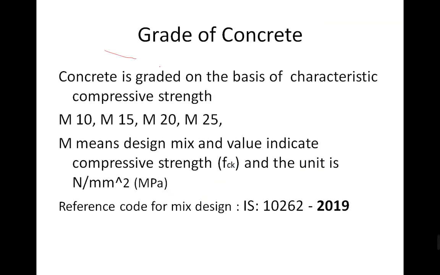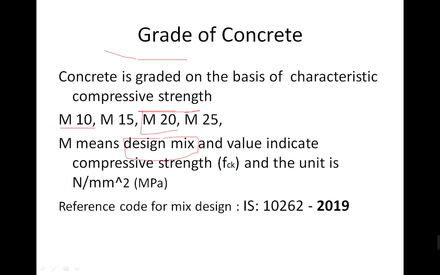So next we discuss the grade of concrete. Generally, different grades of concrete are considered for different construction, and the concrete is graded on the basis of this M value, where M is the design mix.